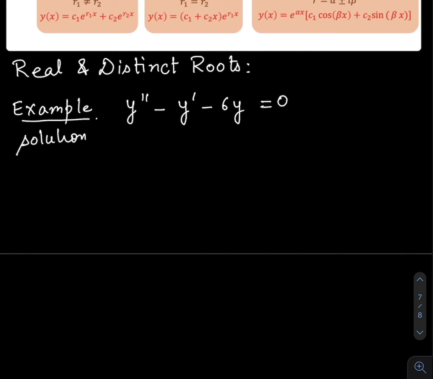So our first step is to write the characteristic equation. If we have the second derivative, we will replace it by r square, first derivative by r, and minus 6 equal to 0. This is our characteristic equation.